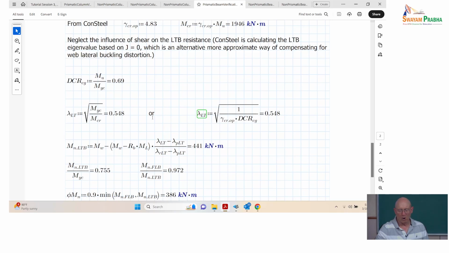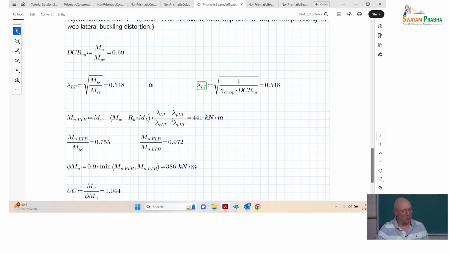Same deal. Or, in general, we write it as 1 over the elastic buckling eigenvalue over the demand to capacity ratio for the gross cross section, Mu to My. So 0.548 is where we are for both. Remember, 0.35 is the plateau for a slender web section.